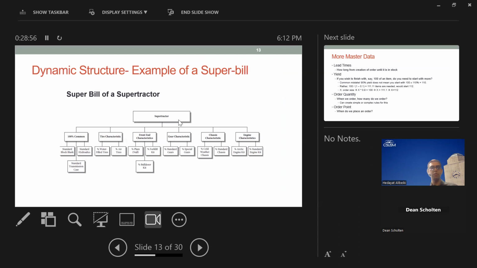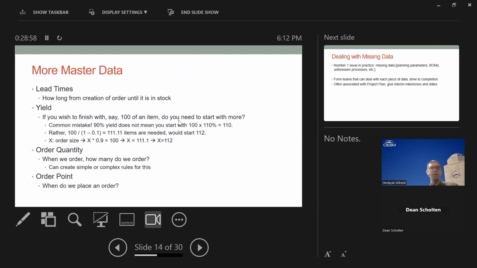We talked about super build. We talked about other things, lead time, how long it takes. Yield also is important for products. If the number of items that we get, if the reliability is not 100%, this actually is an important piece of information here.